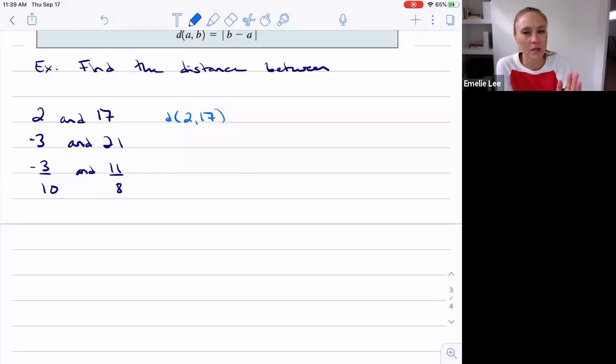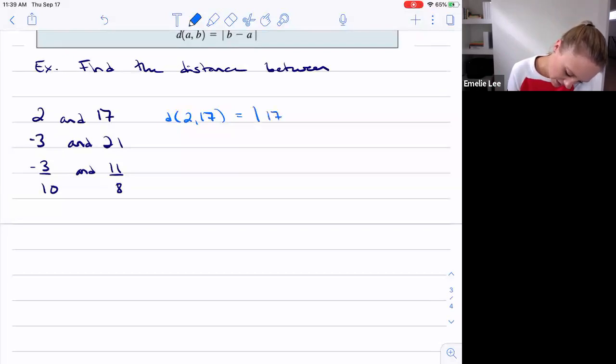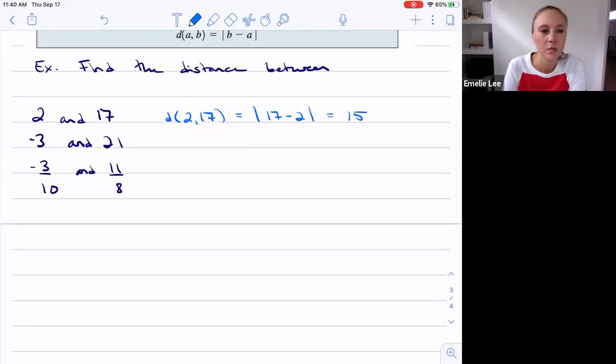Don't think it matters, but just to play it safe. So the distance between 2 and 17 is going to be the absolute value of 17 minus 2, putting me at 15. And the absolute value of 15 is just 15, so I'm just going to skip straight there. If I have a positive value, I don't need to worry about it.